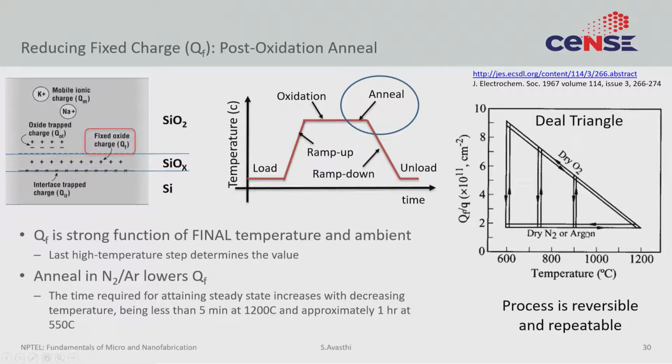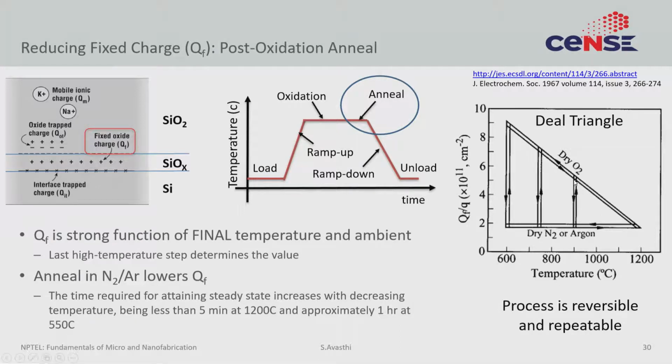Furthermore, this triangle is reversible, which means that if you start oxidizing a wafer at around say 900 degrees C, you would get a defect density of say 5 into 10 to the power 11. If you take the same wafer and before unloading it, anneal it under nitrogen, maintaining the same temperature, but now annealing for some 30 minutes or so, the defect density would actually fall.